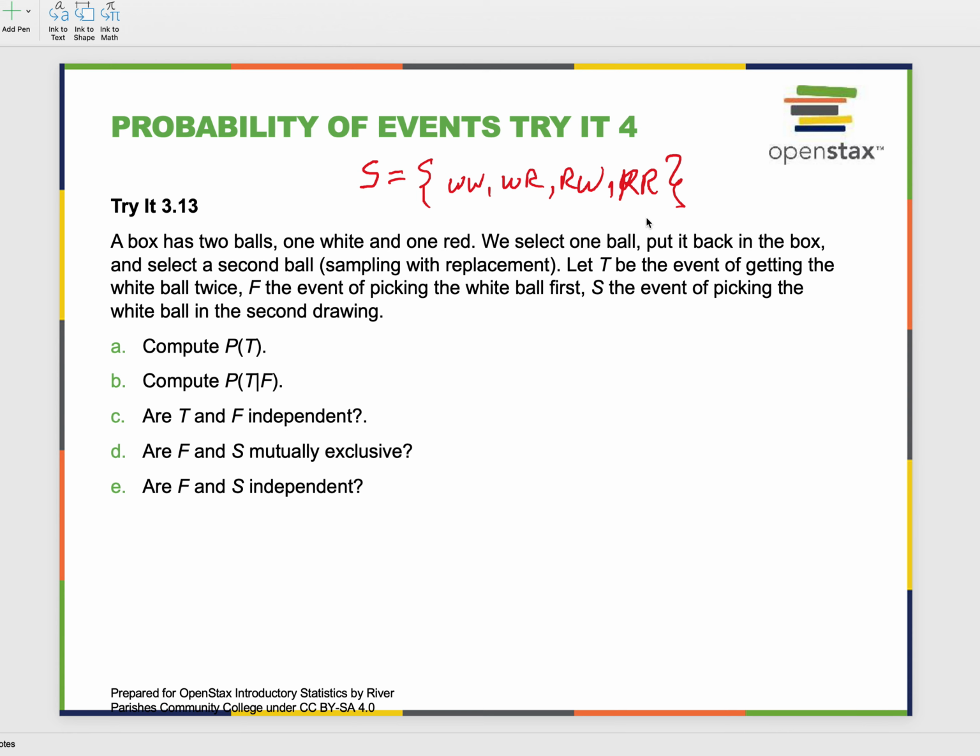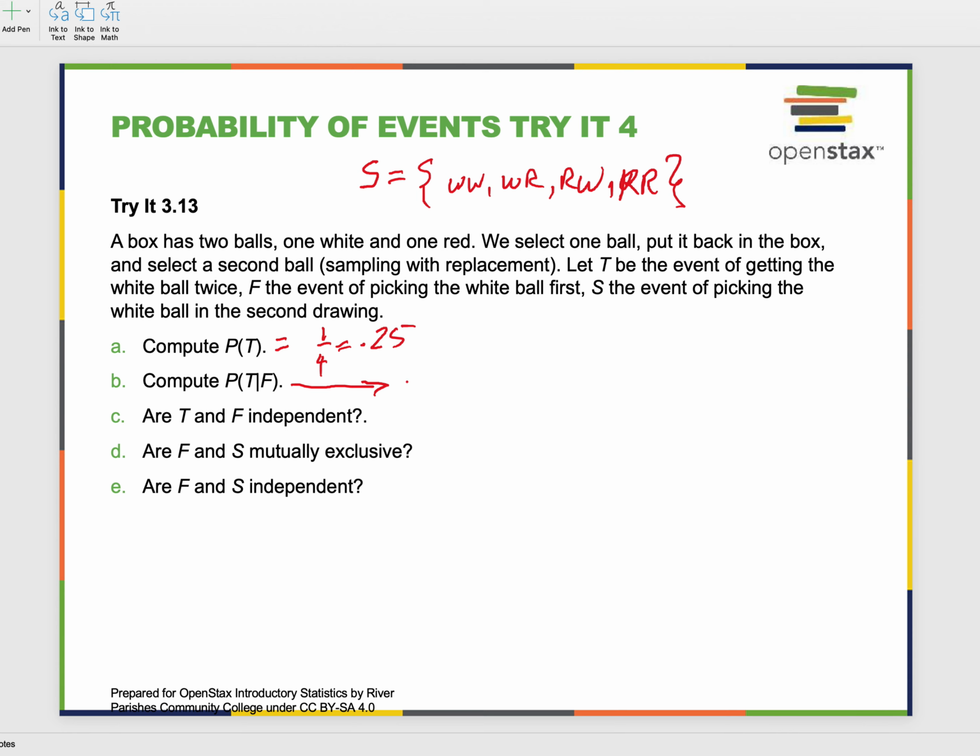Okay, so what's the probability of T? T is the event of getting the white ball twice. Well, this is equal to, I can only get the white ball twice once out of 4, so that's 0.25. And what's F? The event of picking a white ball first.